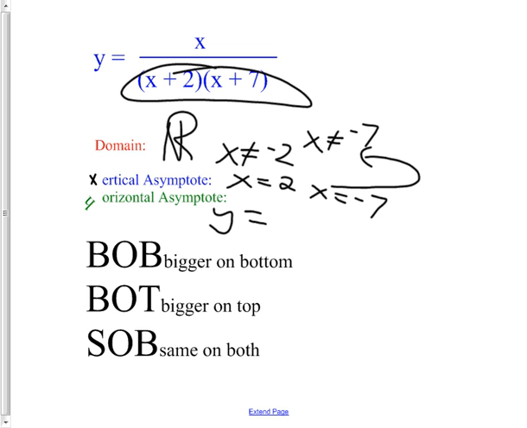So if it's bigger on the bottom, what is it? Y equals 0. Because that's a BOB, and BOB is y equals 0. If it had been bigger on top, you'd have said none, there were no asymptotes. And if it was the same on both, you'd do a ratio of the lead coefficients, which would be a 1, and a 1 down here. But it's not. So, yes.